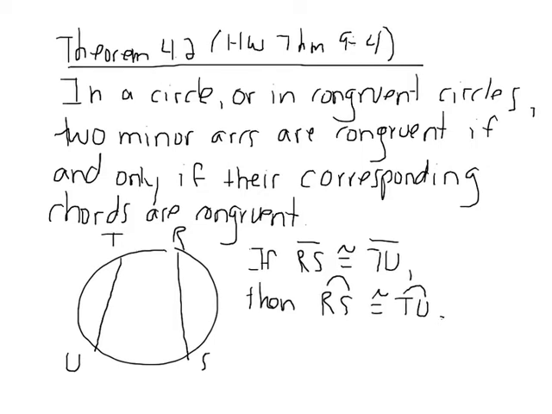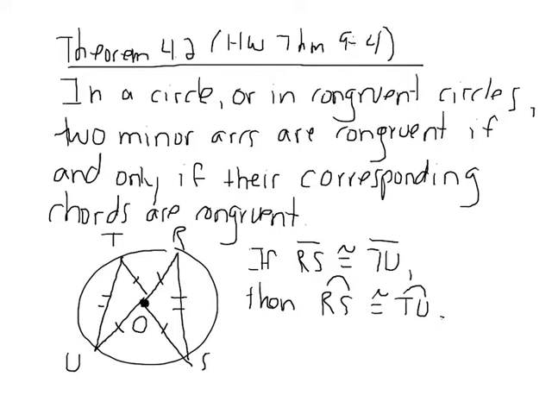Let's briefly outline the proof of this. So let's say that we draw these radii to points R, S, T, and U, and we know that all radii of a circle are congruent. So all of these pieces are going to be congruent here. And we're also saying that segment RS is congruent to segment TU.